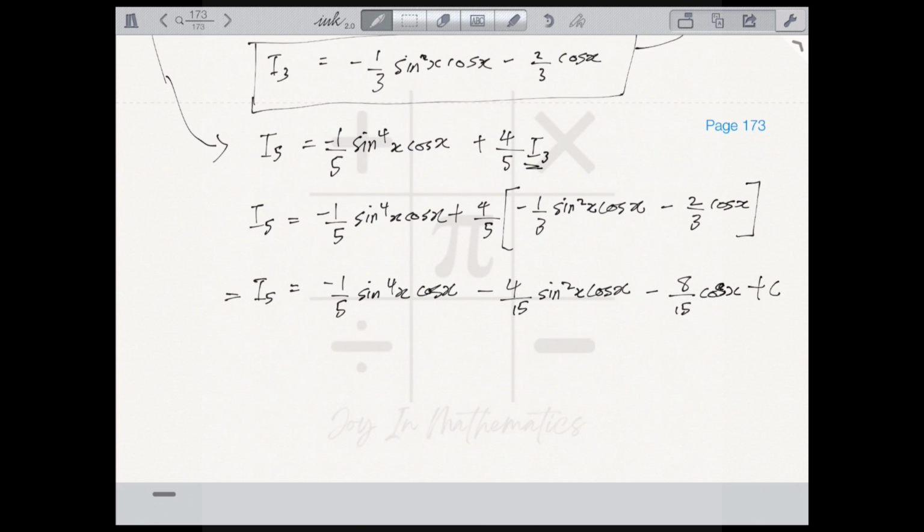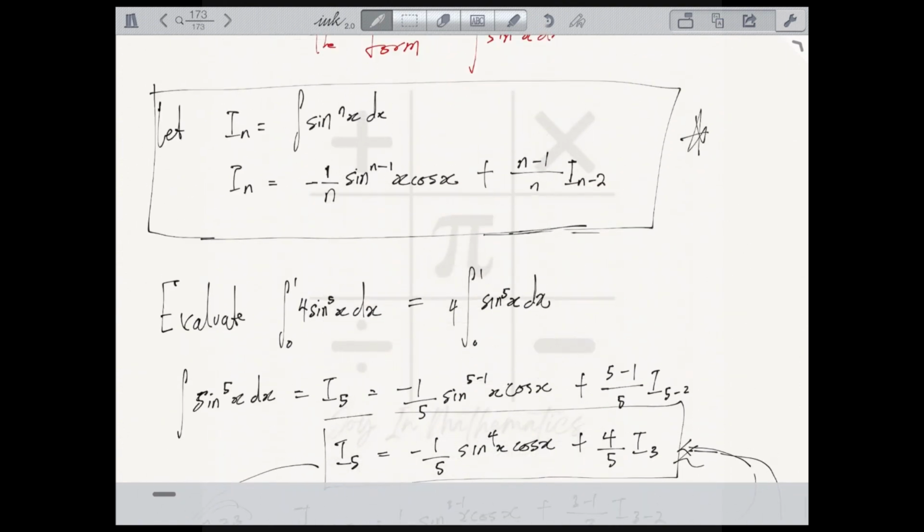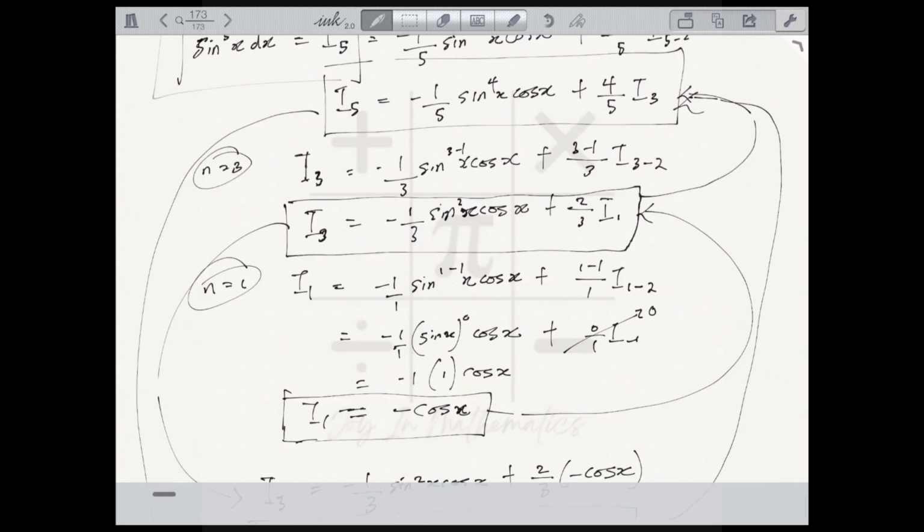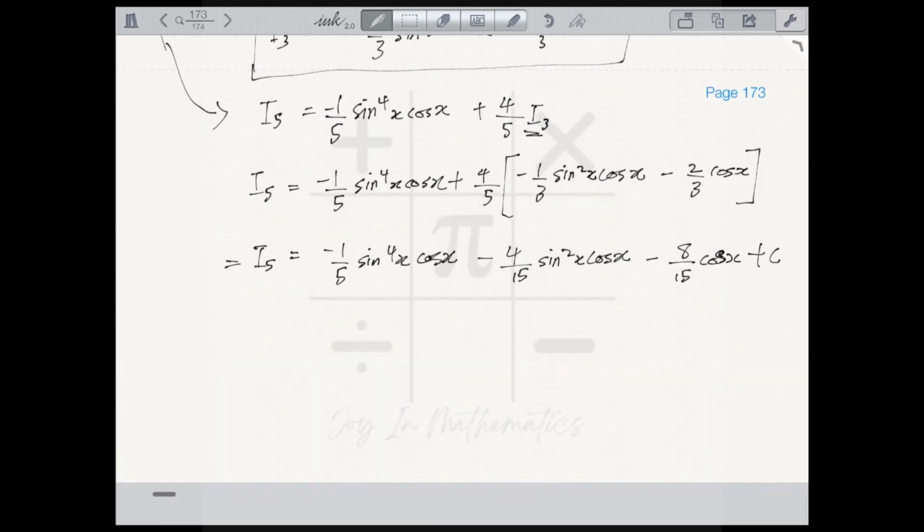Now remember that I5 is equal to the integral of sine raised to power 5 x dx. And the original question, which says integral of 4 sine 5 x dx, this 4 is a constant, can be brought backwards to the integral of sine from 0 to 1.